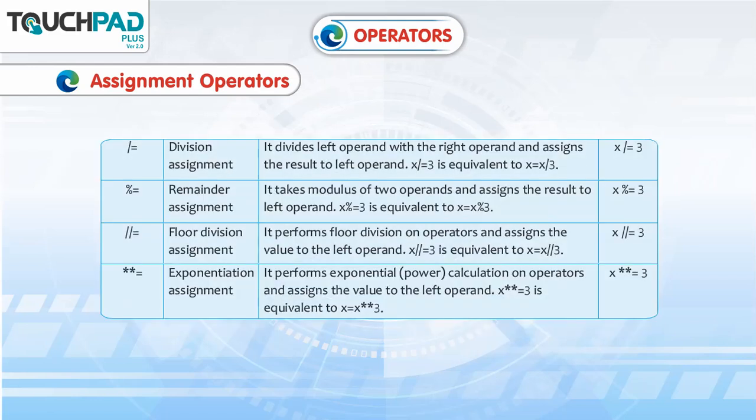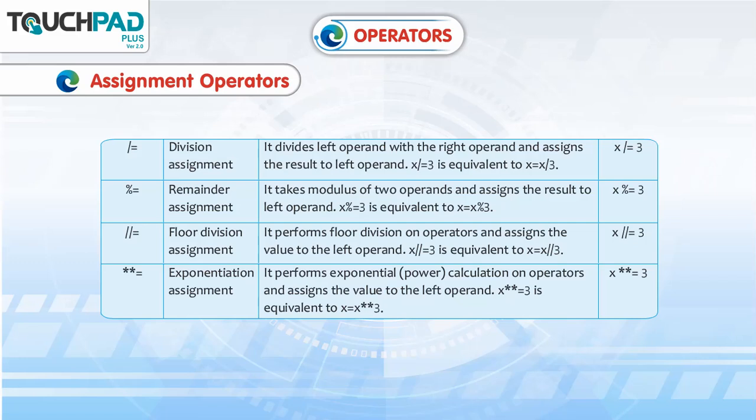Division assignment divides the left operand by the right operand and assigns the result to the left operand: x /= 3 is equivalent to x = x / 3. Remainder assignment takes the modulus of both operands and assigns the result to the left operand: x %= 3 is equivalent to x = x % 3.